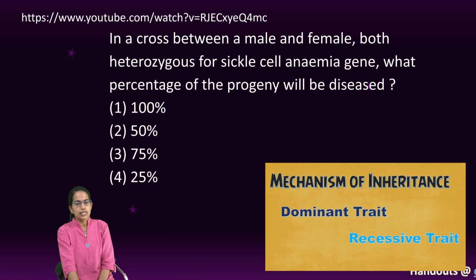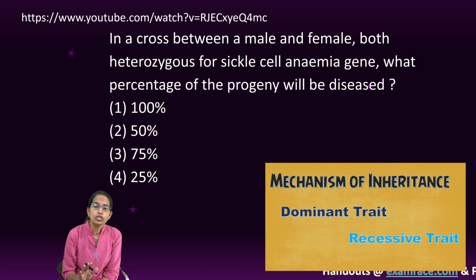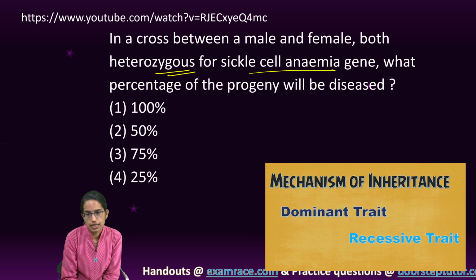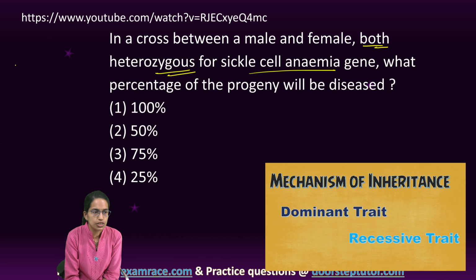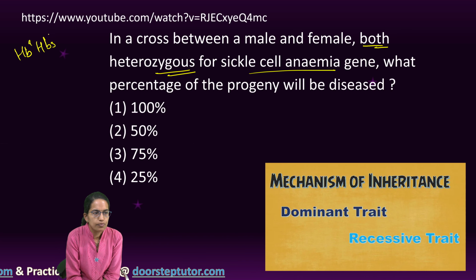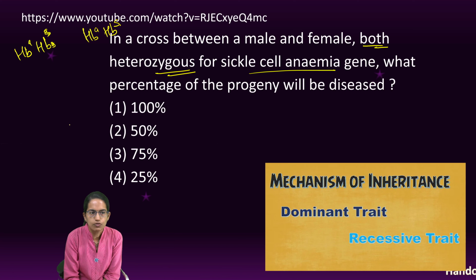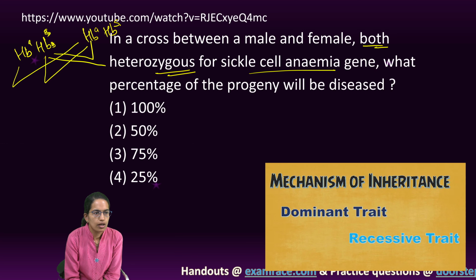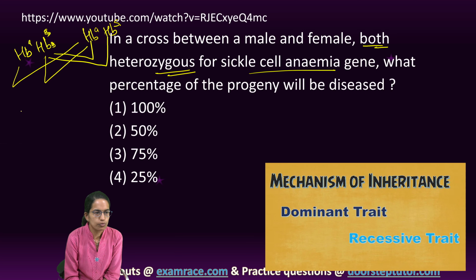The next question is, we have a cross between male and female heterozygous for sickle cell anemia. Both of them have a gene for sickle cell anemia. So let me say this is the male, having a gene for sickle cell, and this is the female having the gene for sickle cell. Now I cross them. Okay, so these are the 4 possible crosses.